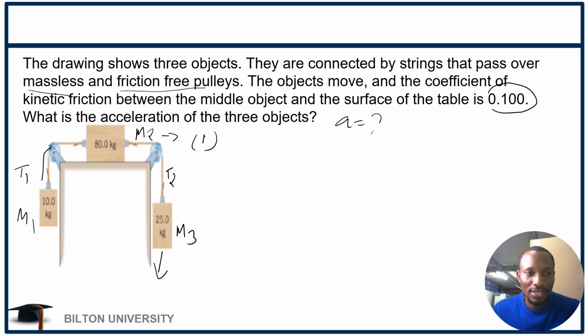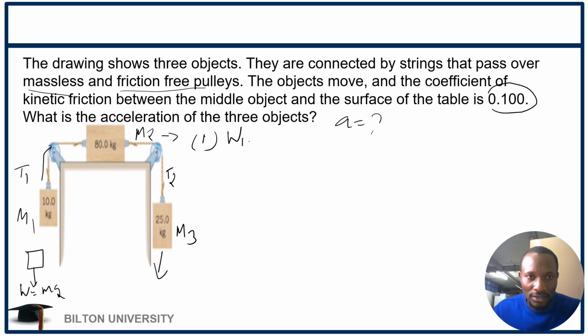So the total forces acting on M1, number one, is the weight W1. If this is our object M1, there's the weight acting downwards due to gravity, and weight is given by mg.